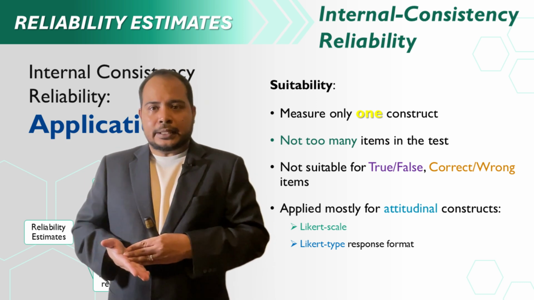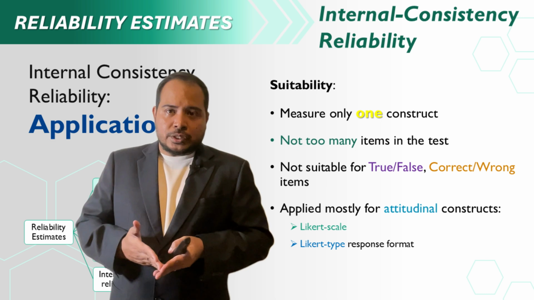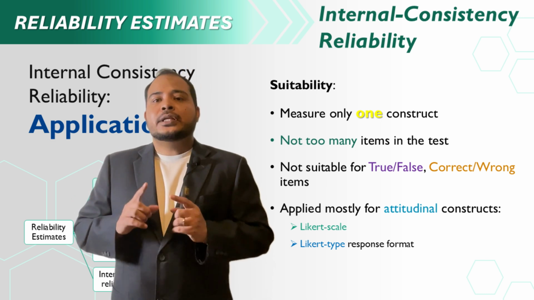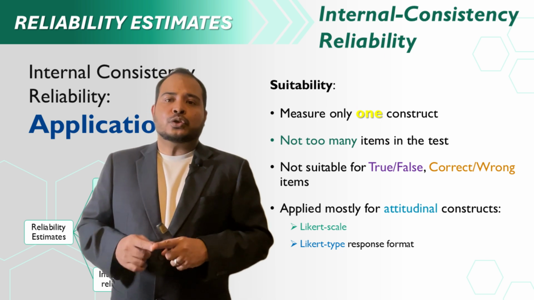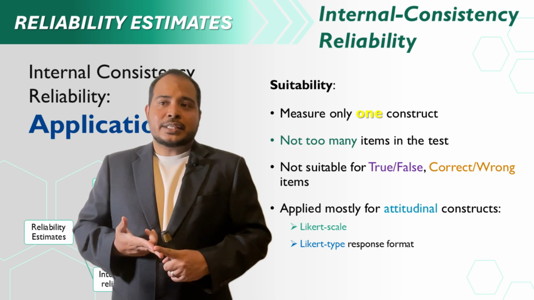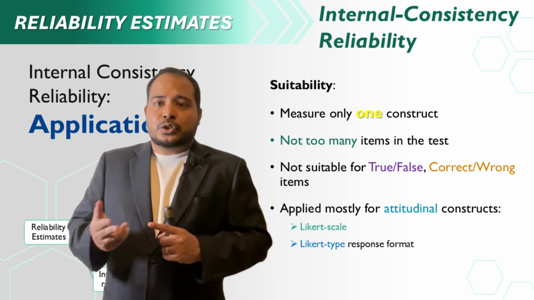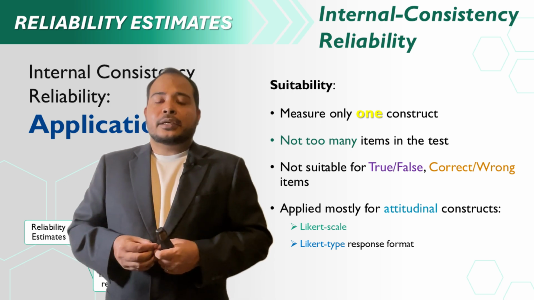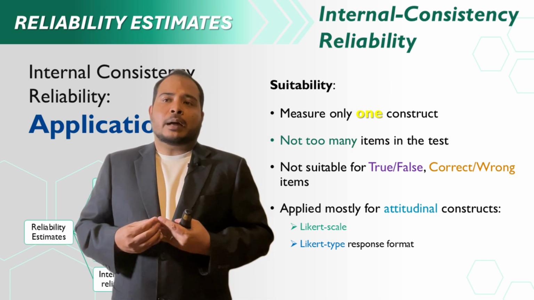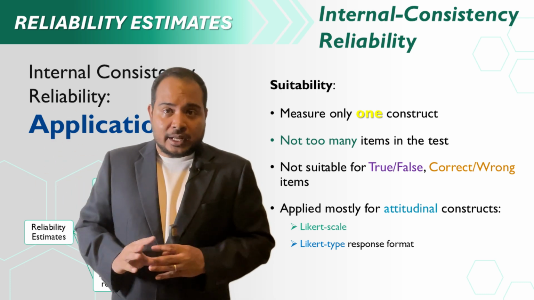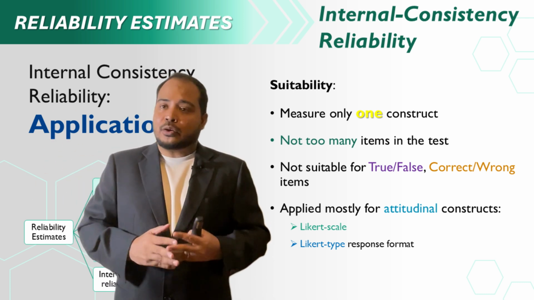One thing that you need to bear in mind is that when you want to use internal consistency reliability estimates to find out the reliability of your constructs, it is not suitable for true false tests or correct or wrong items, which are dichotomous items. If your test is using an inventory where your participants need only to indicate whether they have those characteristics or not, it is basically dichotomous items.